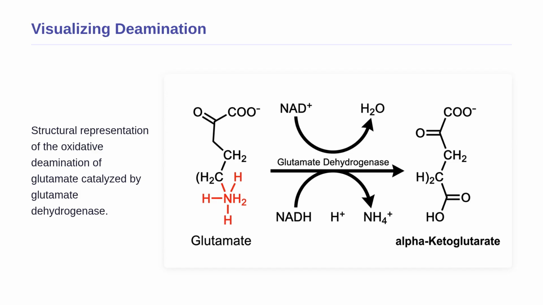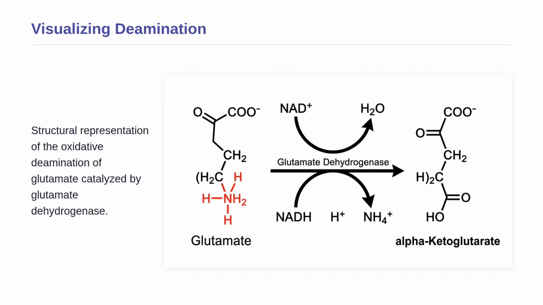To truly grasp this reaction, let us look at a structural diagram of what is happening at the molecular level. On the left, you can see the structure of glutamate. Notice the nitrogen-containing amino group, which is the toxic portion we need to remove. The central arrow represents the enzyme glutamate dehydrogenase, driving the reaction forward.